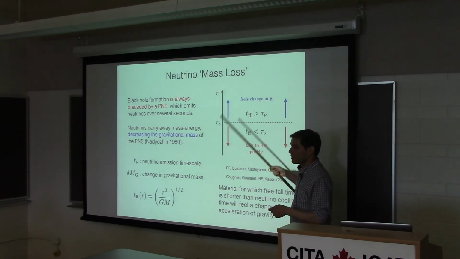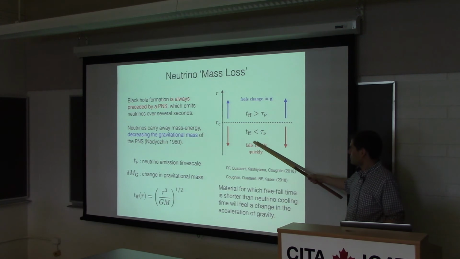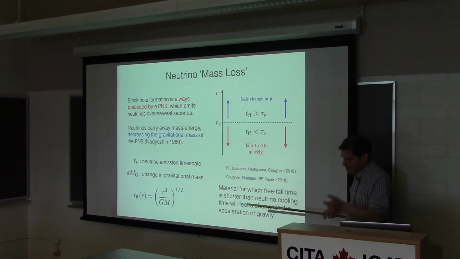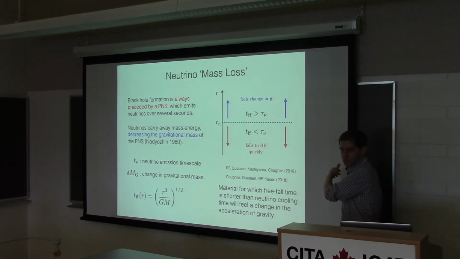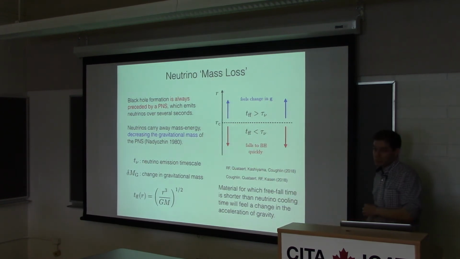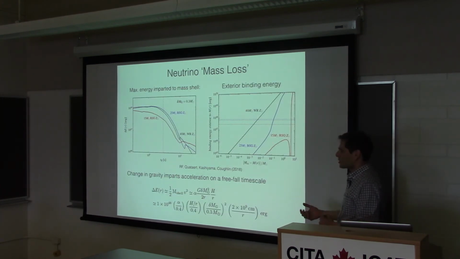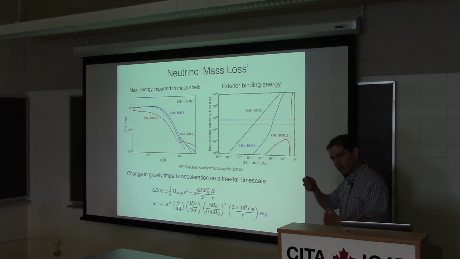And so it feels this outward pressure gradient, whereas if it's closer to the black hole, the free fall time is very short, and no matter how much gravitational mass you lose, you just go into the black hole. There's a characteristic radius where this happens, and one can estimate the energy imparted to a shell by a change in gravity.